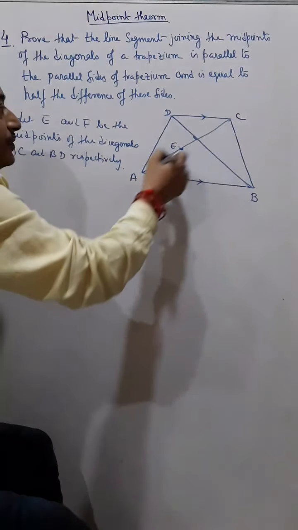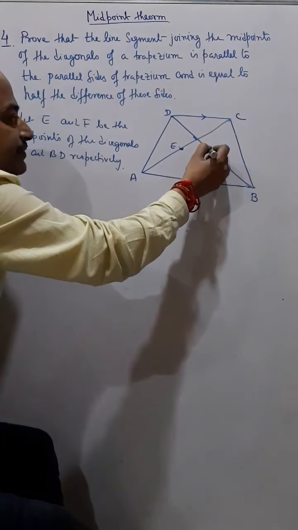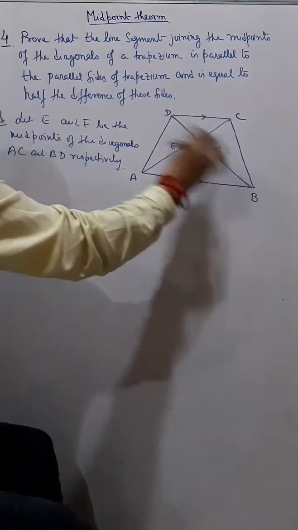So E is the midpoint of AC and F is the midpoint of BD.